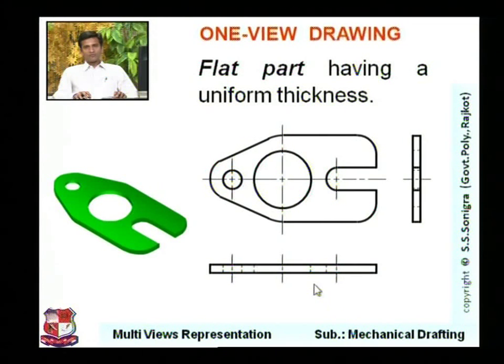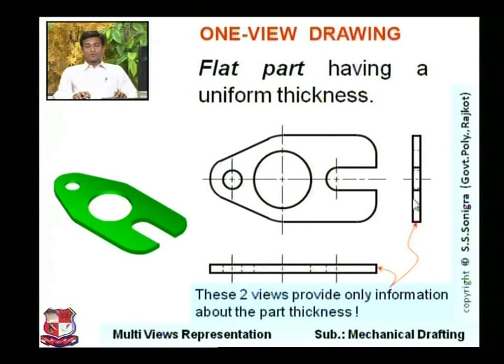So in such kind of problems, only one view is enough. This top view is to be selected to represent this object, and we can mention that it is having uniform thickness of so and so millimeter. This is the side view of this object, and this is the top view.